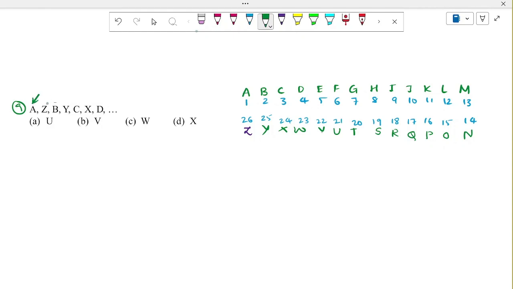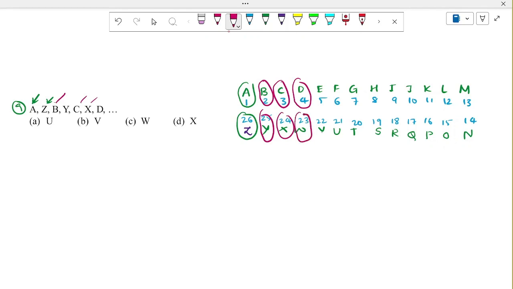We have got A here and then Z. So the next one is B and then Y, and then C, X, and then after D we have got W. So it should be W, option C.